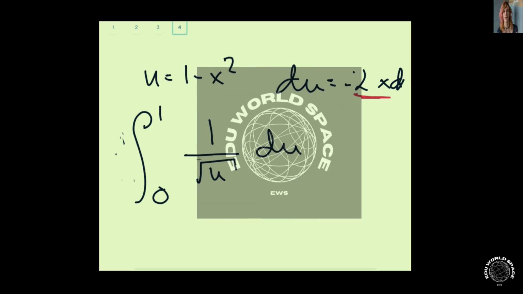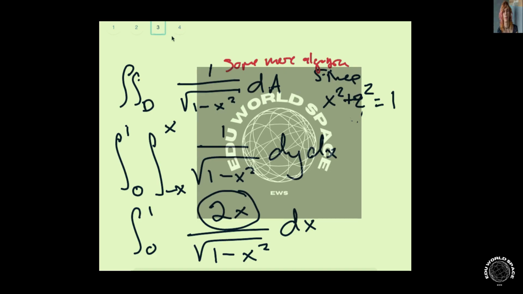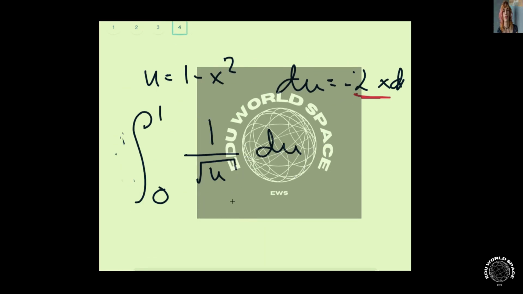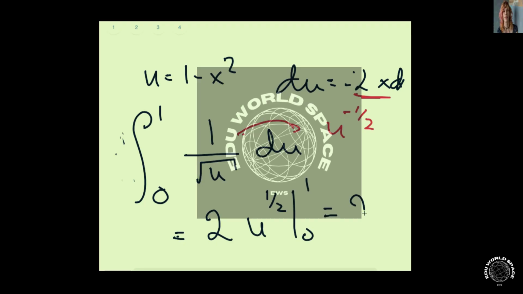Okay, so now we have to integrate this, and integrating this is pretty straightforward. So what do we get? We can remember that this is u to the negative 1/2. So integrating this, we get 2 u to the 1/2 from 0 to 1, and that's 2.